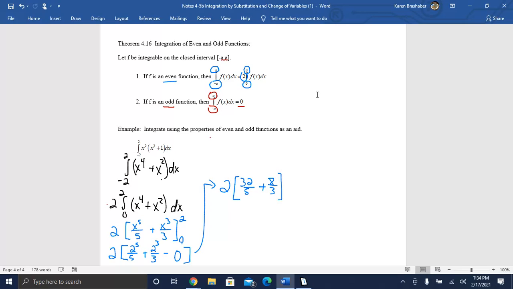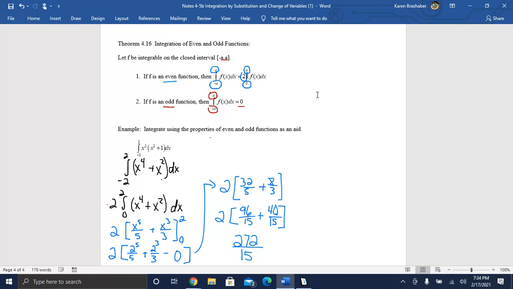And when you get your common denominators, you get 96 fifteenths added to 40 fifteenths, and then multiplied by 2, and your final answer is 272 fifteenths. And although that took a little bit of effort, it certainly took less effort than working with the -2 as part of the integration process.